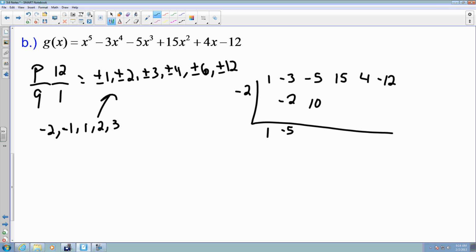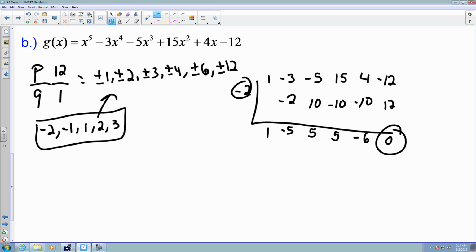That's +10, +5, -10 becomes +5. And this is -10, -6, +12, and then 0. So we got the 0, holds true. And if you were to do it to the rest of them, I'm sure they would hold true as well. So those are the answers for example B.